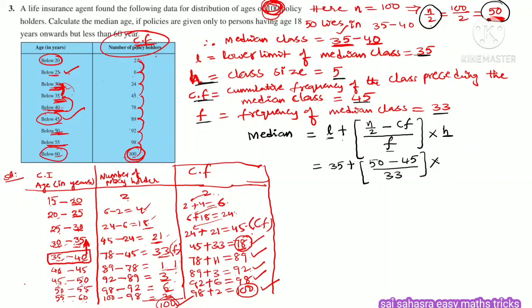H is 5. So this is 35 plus (50 minus 45) is 5, by 33, into 5. 35 plus 5 into 5 is 25, divided by 33.